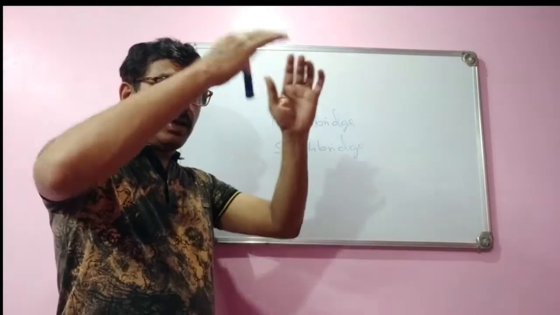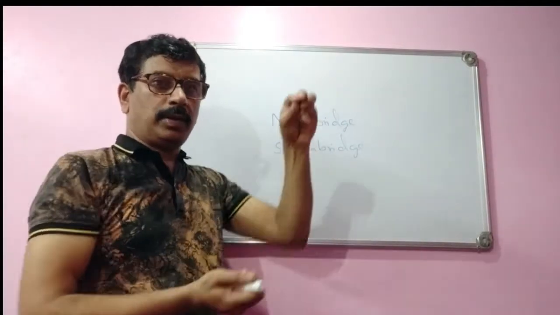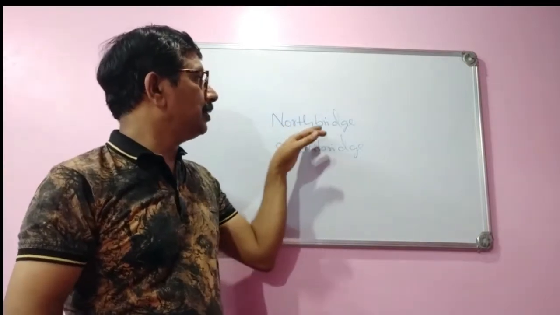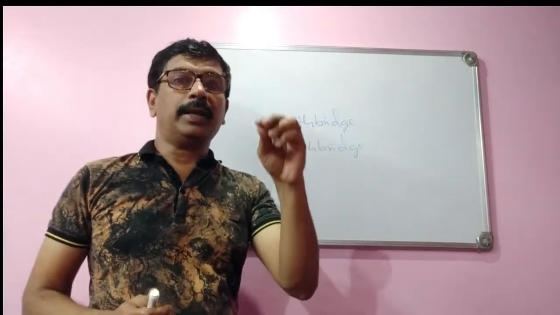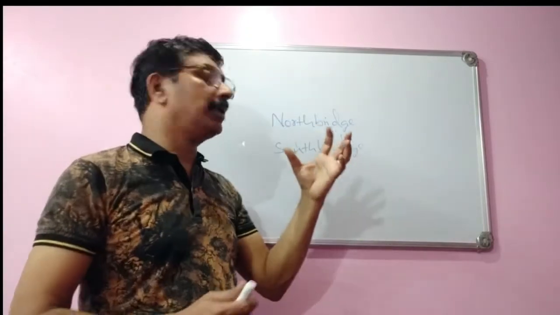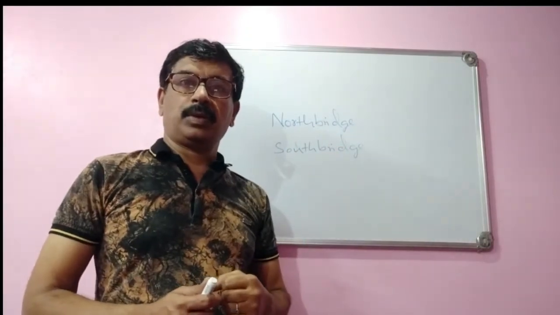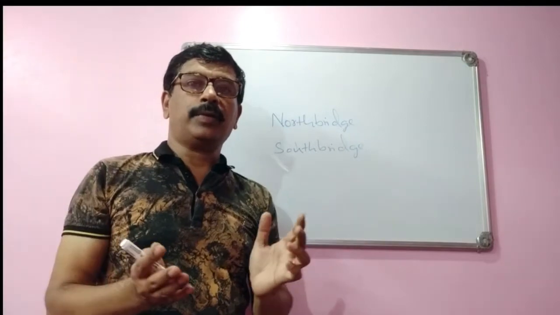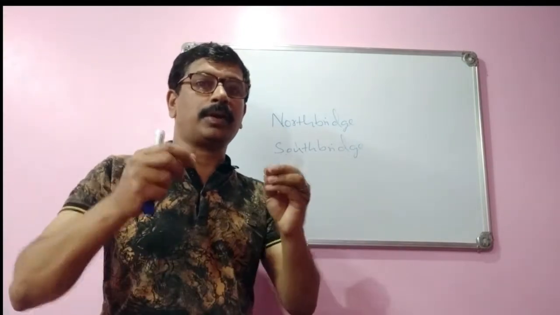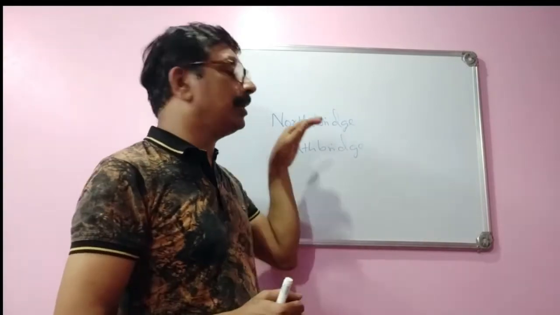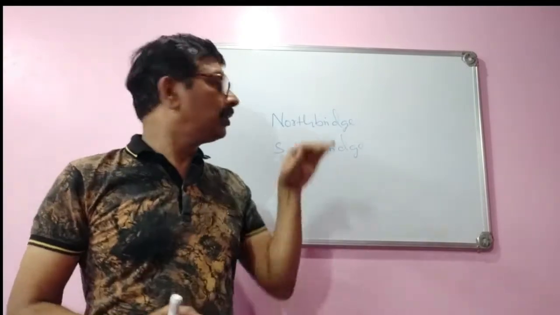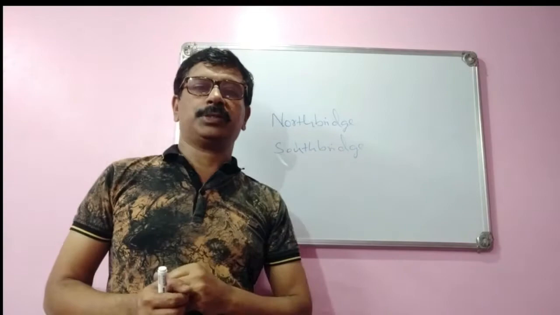Okay, in the motherboard, these two chips are placed to control different devices connected or located on the motherboard. On the motherboard different components are located, and all those components are controlled by these two chips, North Bridge and South Bridge.